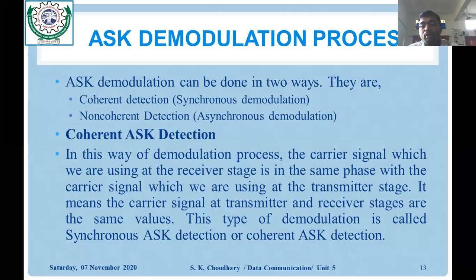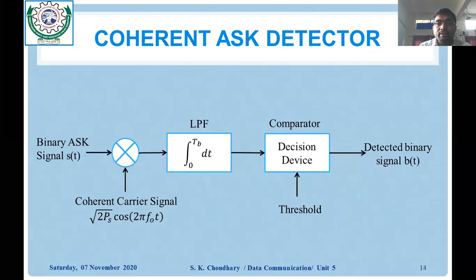So for coherent ASK detection, we have to synchronize the carrier signal used at the transmitter with the one we use in the receiver section. Because at both ends we require a carrier, to modulate the binary signal into ASK and to demodulate the ASK back into binary. The same carrier is required. So this is the block diagram, or circuit diagram, for coherent ASK detection.